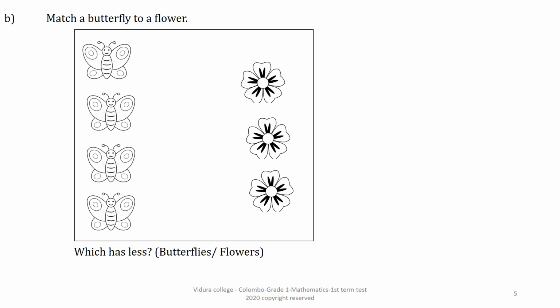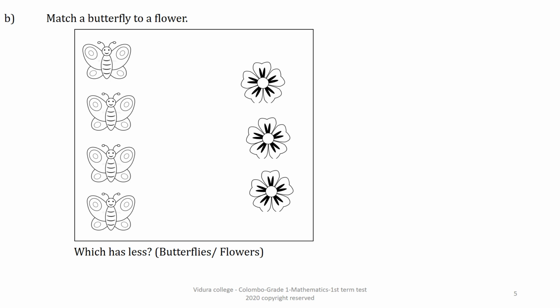Okay. Right. Now, under this box, there's a question. And answers are given in the brackets. Okay. So, you have to select the correct answer from the bracket and underline the word.